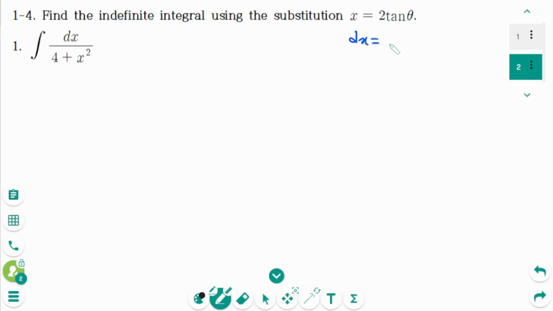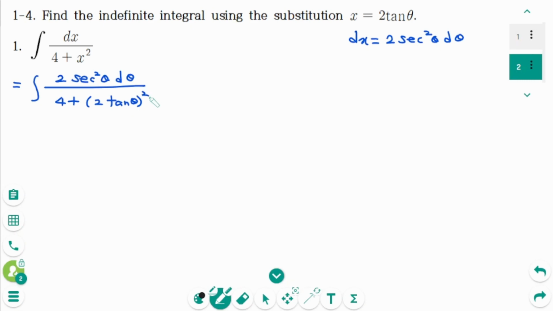dx equals 2 secant squared theta d theta. The integral of dx equals the integral of 2 secant squared theta d theta over 4 plus x squared. x is 2 tangent theta, then squared.